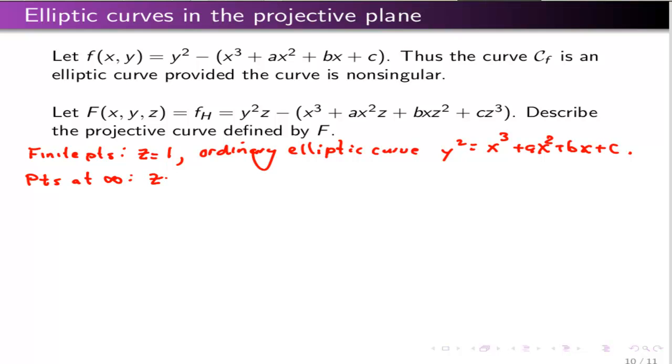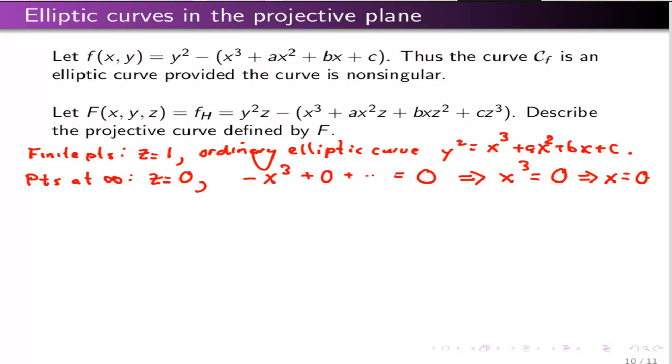Here we set z equal to 0. So when I set z equal to 0, I'm going to get 0 minus x cubed plus 0 plus 0 plus 0 equals 0. We get the simple equation x cubed equals 0, which means that x equals 0.